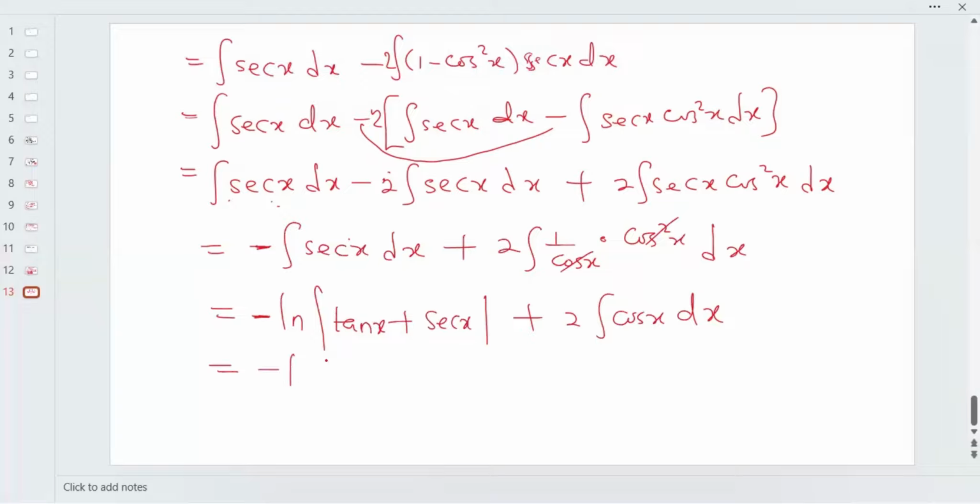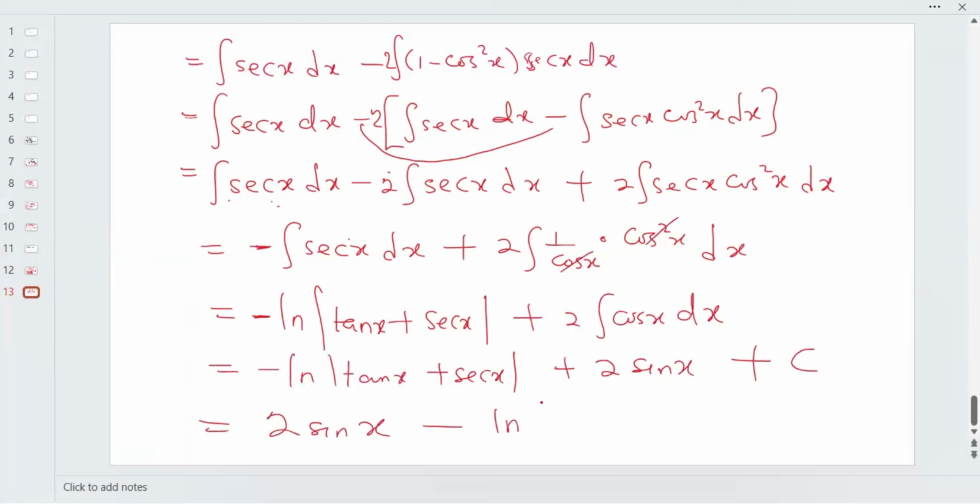So this will be minus ln absolute value of tan x plus sec x plus 2 sin x, plus my integral constant c. I can easily rewrite this as 2 sin x minus ln of tan x plus sec x, plus c. And that is the solution to our integral.